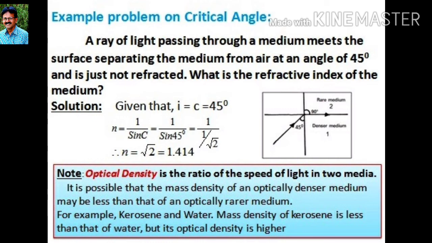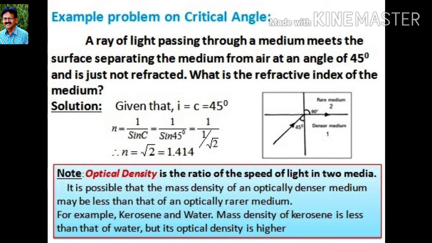What is the refractive index of the medium? The solution. Given that the critical angle C is equal to 45 degrees, refractive index n is equal to 1/sin C, that is equal to 1/sin 45, that is equal to root 2 or 1.414.